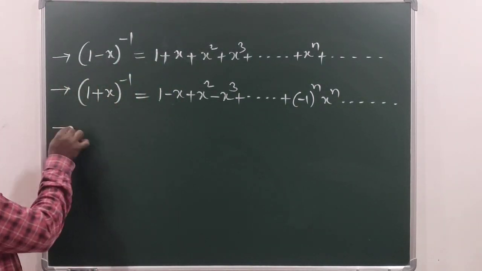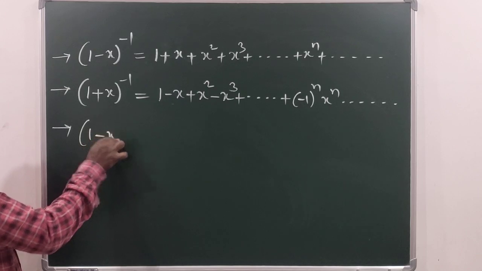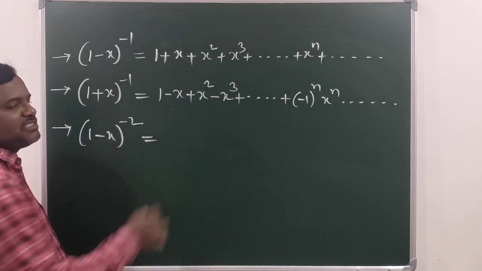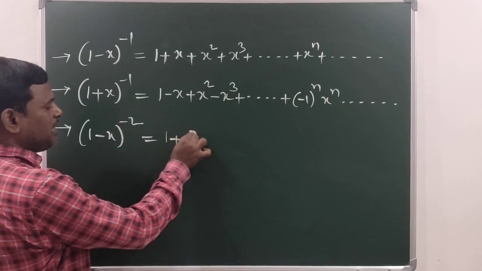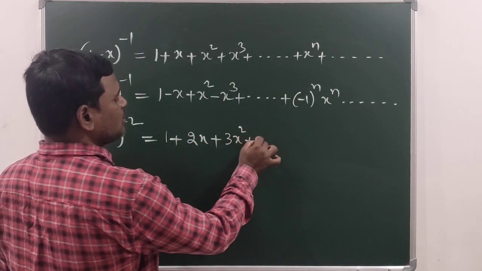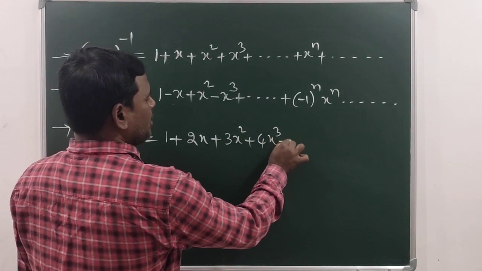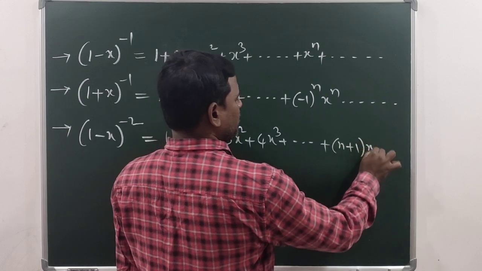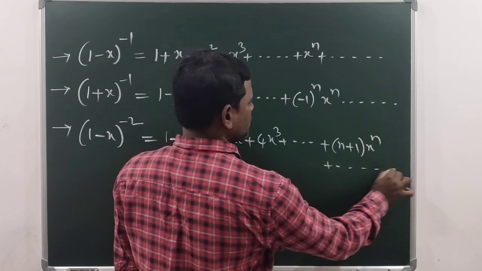See here students, next (1 - x)^(-2). Then whose expansion will be like this: 1 + 2x + 3x^2 + 4x^3 and so on, plus (n + 1) x^n and so on.